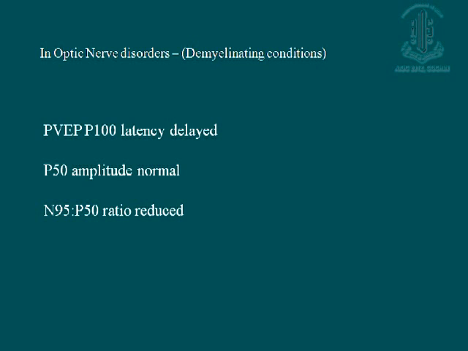Now, what happens in optic nerve disorders? We have seen what happens in retinal pathologies. What happens in optic nerve disorders? Initially, let us subgroup it into only demyelinating optic neuritis, optic nerve disorders. You have a delay in the P100 latencies. You have more or less a normal P50 amplitude because P50 comes predominantly from the retinal side.